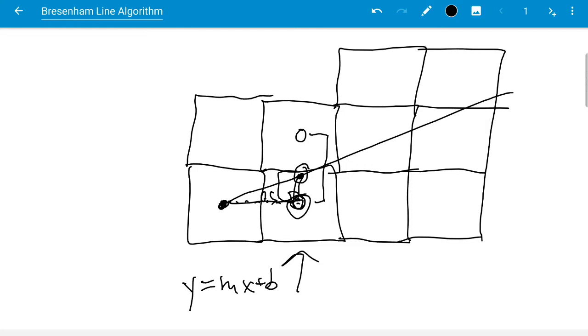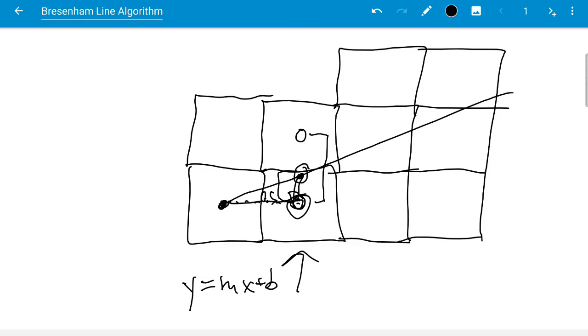So if this accumulated error is greater than 0.5, we use y plus 1 as our next y value, and then we subtract 1 from the accumulated error to reflect that we've moved 1 in that direction. If the accumulated error is less than 0.5, then we keep our y value as it is for now.